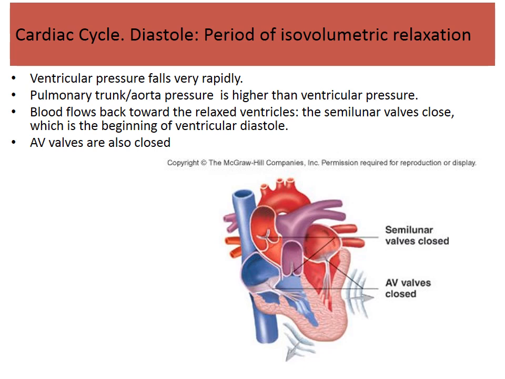So that allows blood to reflux back from the aorta and pulmonary trunk towards the ventricles. And when this happens, the blood will fill up the cups of the semilunar valves and cause those valves to close. So this is known as the beginning of ventricular diastole, when the ventricles are relaxing. And notice also that the AV valves are still closed at this point.